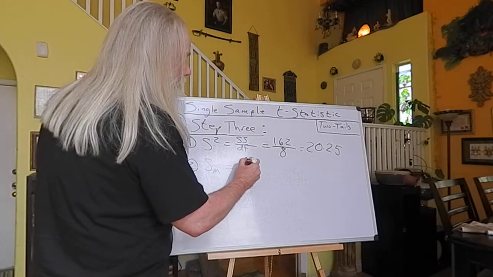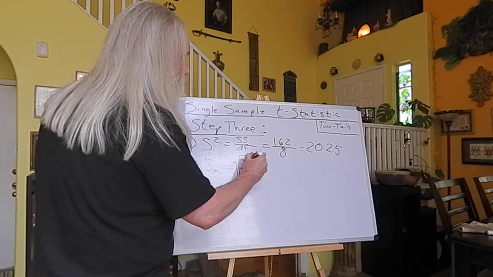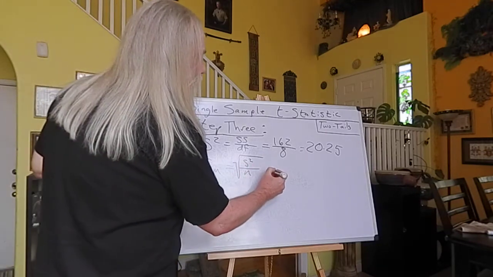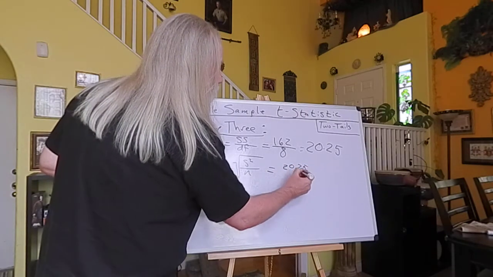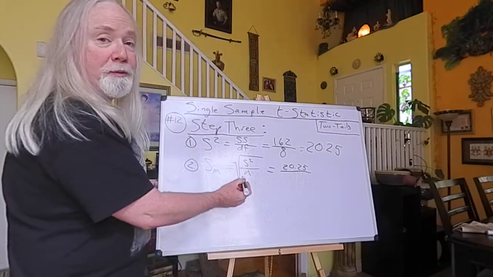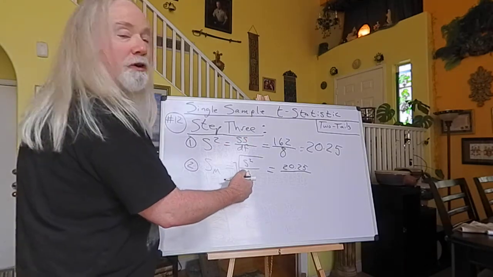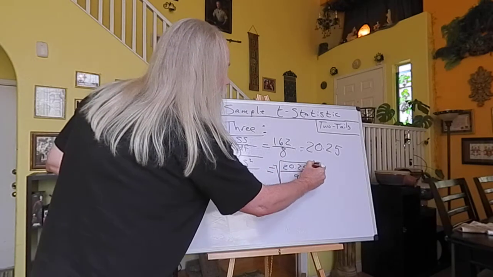So again, that is sample variance divided by sample size and then square root it. So we just calculated our sample variance is 20.25. Our full sample size, not degrees of freedom here, that only happens up there in the calculations. Full sample size here is 9, and then we're going to get the square root of that.